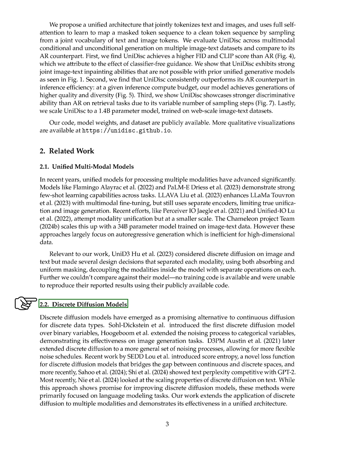D3PM further developed discrete diffusion by introducing a broader range of noising processes, allowing for more adaptable noise schedules. Recent advancements, such as those by SEDD, introduced a new loss function called score entropy, which connects continuous and discrete spaces. Additionally, recent studies have shown that discrete diffusion can achieve text perplexity levels comparable to GPT-2.